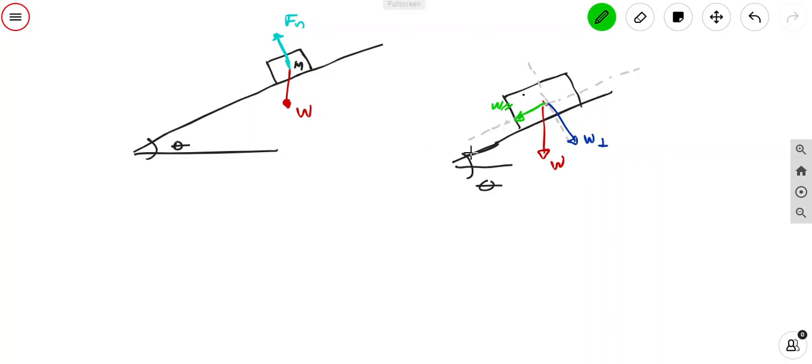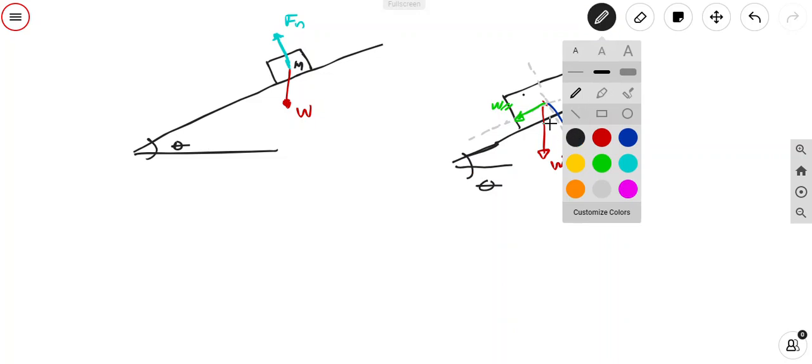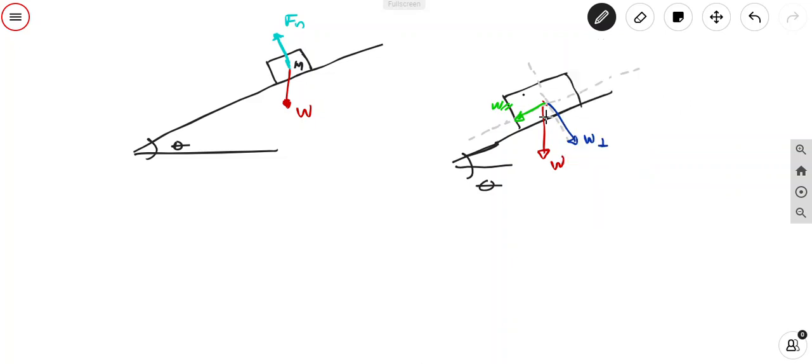So now, if the angle theta we have here between the inclined plane and the horizontal is theta, that will also be the angle between the weight and its component that is perpendicular to the plane. So this here will be your angle theta.